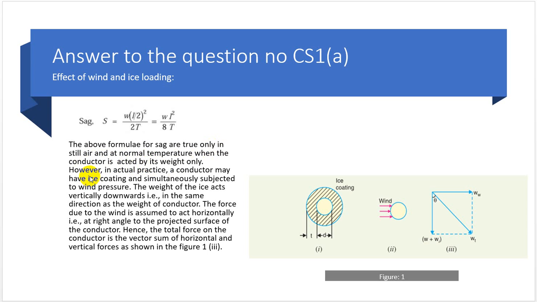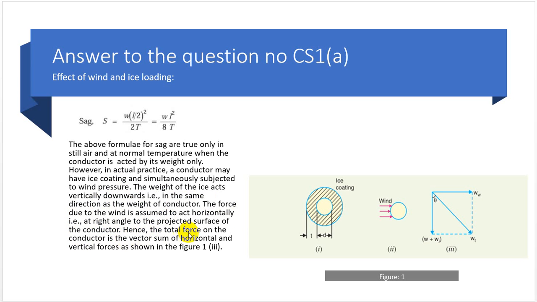However, in actual practice, a conductor may have an ice coating and simultaneously be subjected to wind pressure. The weight of the ice acts vertically downward, in the same direction as the weight of the conductor. The force due to the wind is assumed to act horizontally at right angle to the projected surface of the conductor.